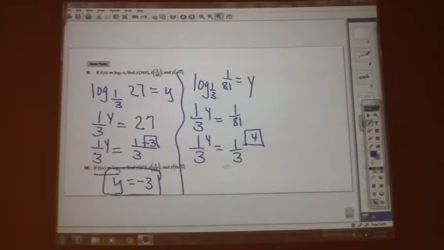Fourth power. Y equals 4. Now, why didn't I have to put a negative there? Because they were both fractions. So you didn't have to put a negative there.